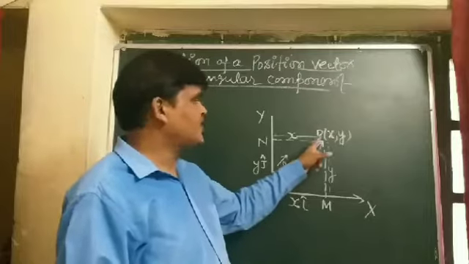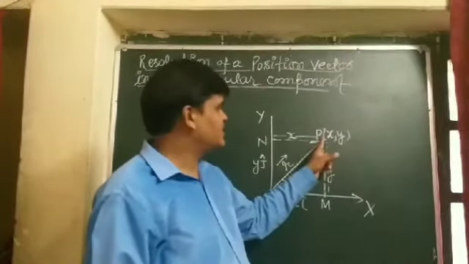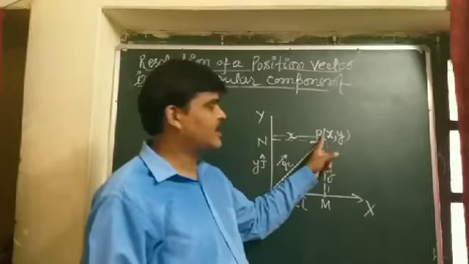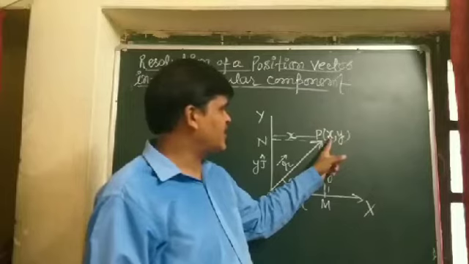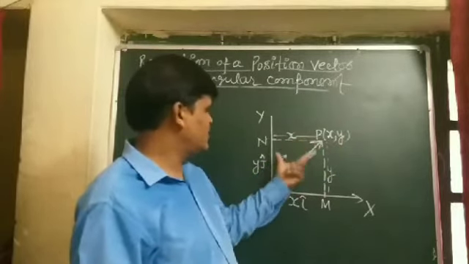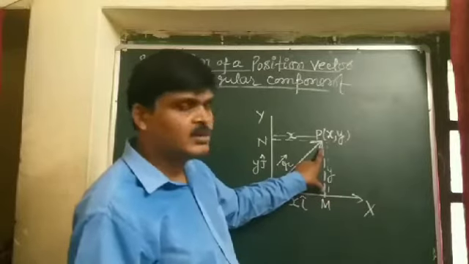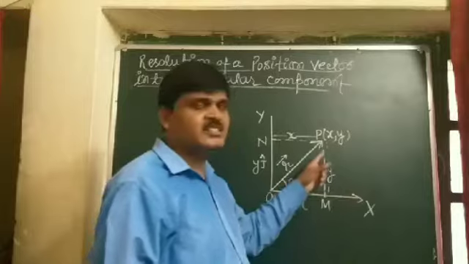The position of the particle at point P at any instant of time has coordinates x and y. This is the x value and this is the y value of the particle at any instant of time.